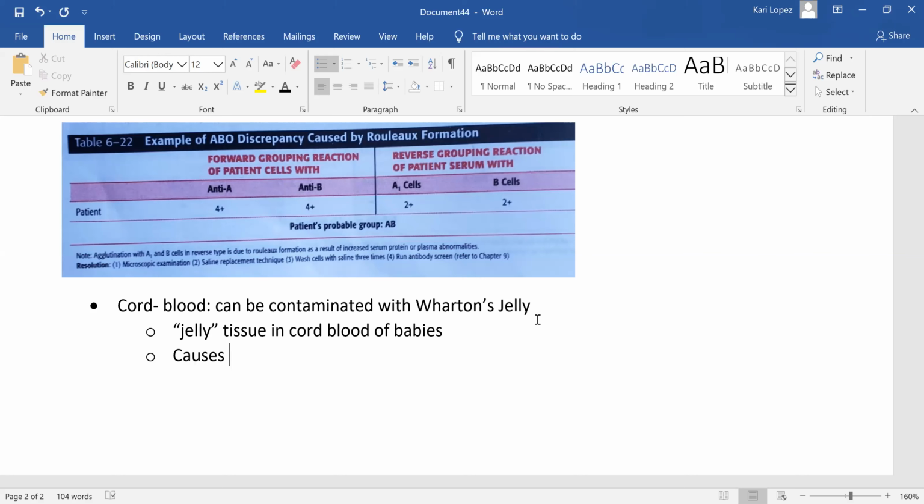Now it causes the red blood cells to aggregate. And like the rouleau, you can wash the cells. In this case, it would be 6 to 8 times. So in the rouleau, you would use a saline replacement, but for this one, you would wash them 6 to 8 times to get proper ABO forward typing.